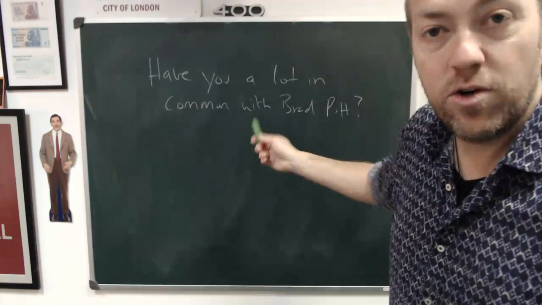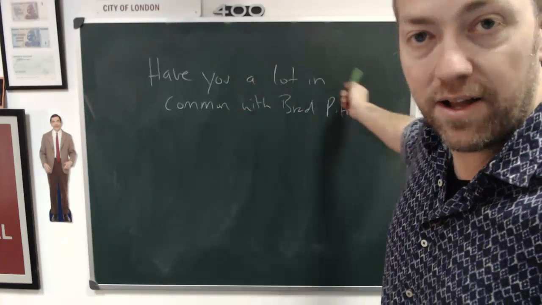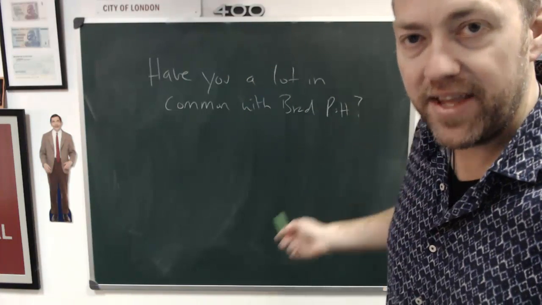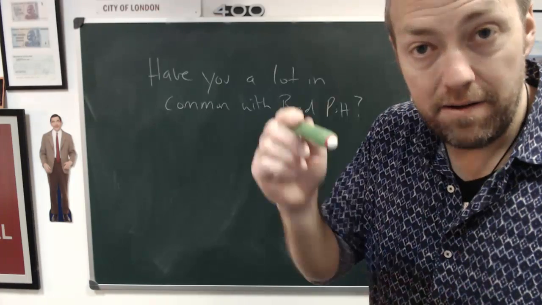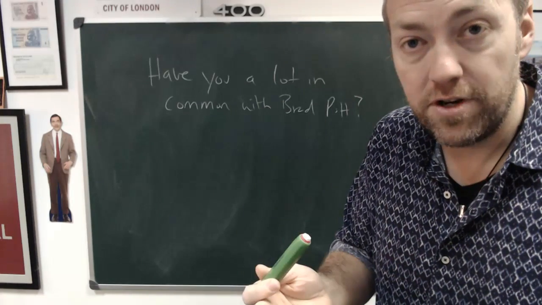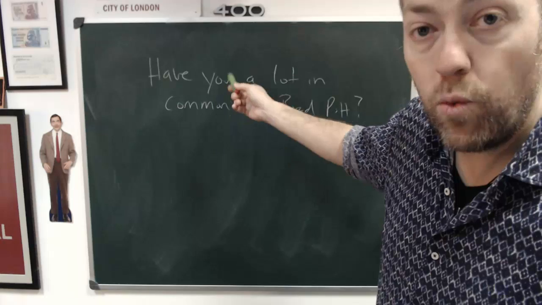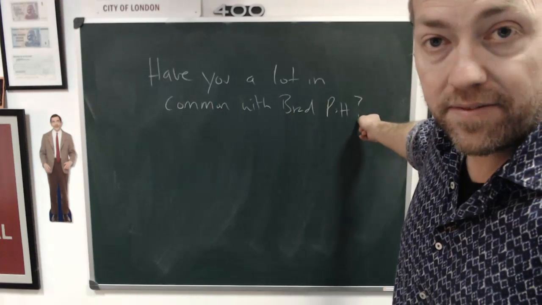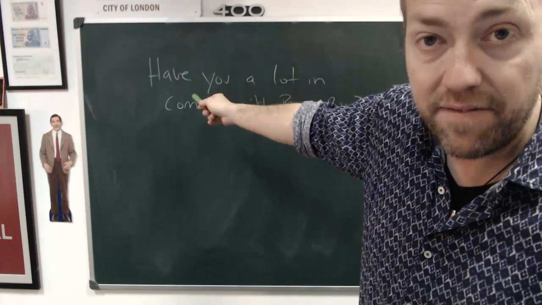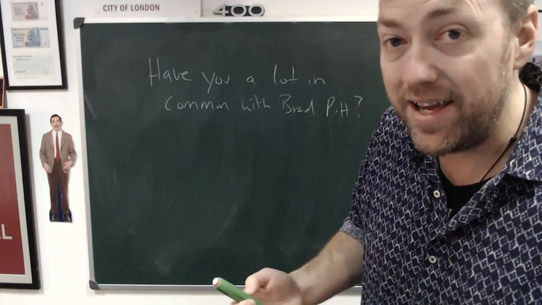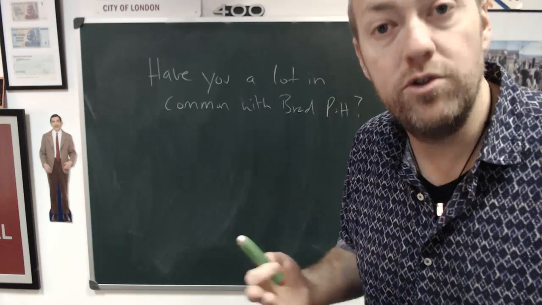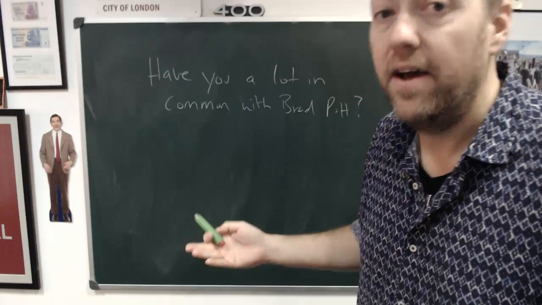So here is the question. Have you a lot in common with Brad Pitt? Now, in modern standard English, you can see that we are making a question with have. So really, we should use do. Do you have? Okay?